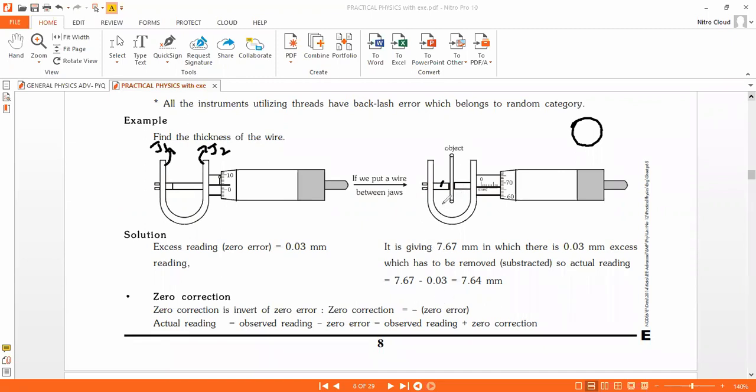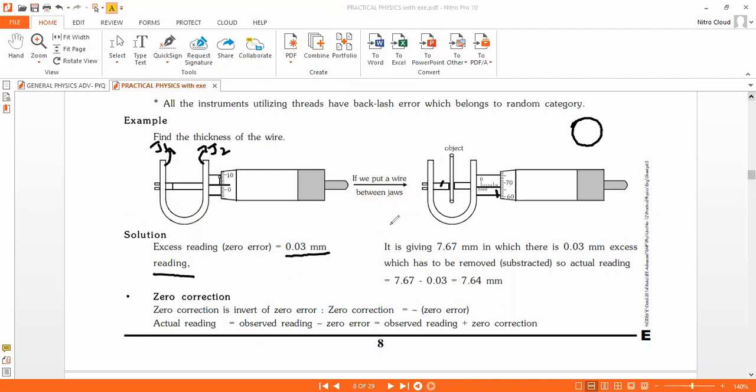Now see here. Firstly, this horizontal line, the pitch scale horizontal line, meets the head scale division. The excess reading is this one, 0.03.